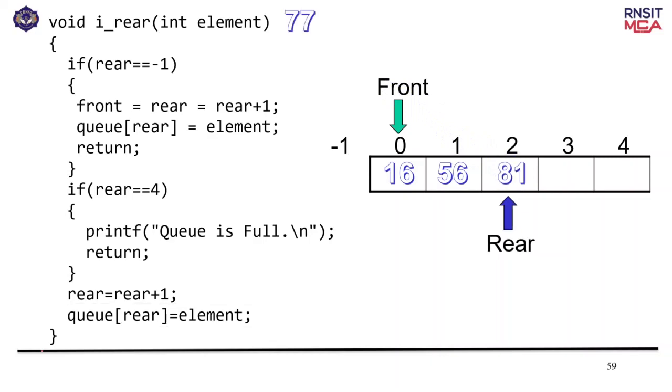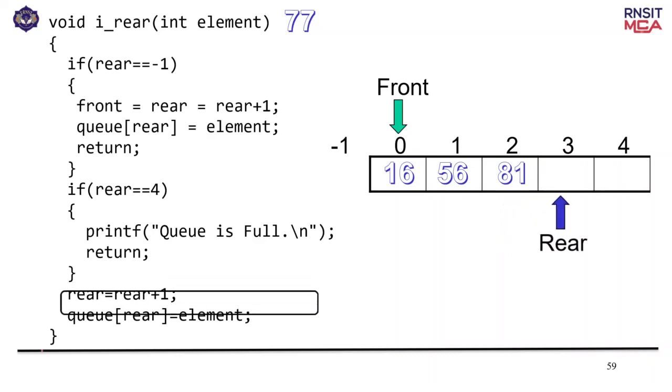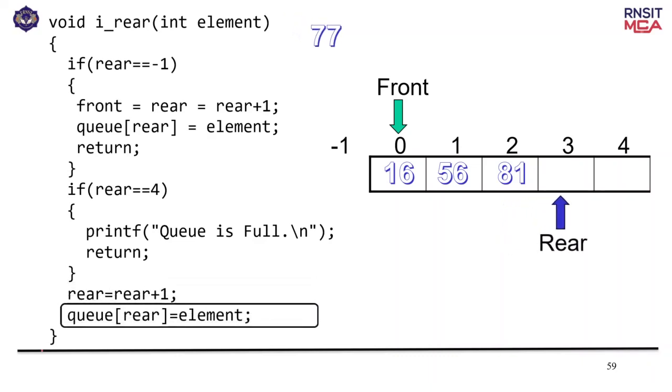Next, you call the insert rear function again with 77 and you check whether rear is equal to -1, no. Rear is equal to 4, no. Rear is equal to rear plus 1. You increment the rear, then Q of rear is equal to the element. 77 is stored.